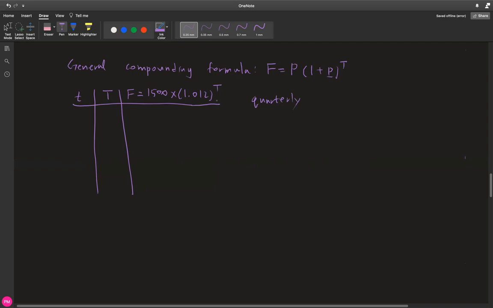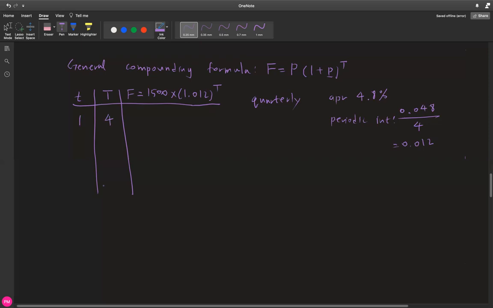And we should be able to deduce that in this case it is 0.012, and that is the periodic interest. And this should be an APR of 4.8%. So the periodic interest is 0.048 divided by 4, so that's 0.012. So for 1 year, it will be compounded 4 times.